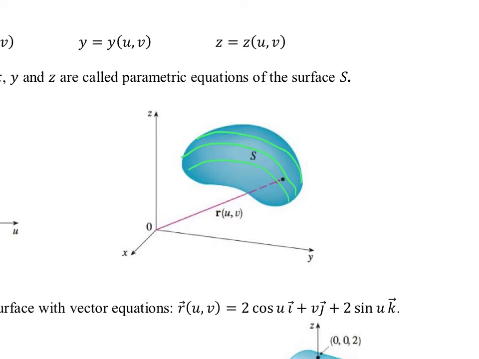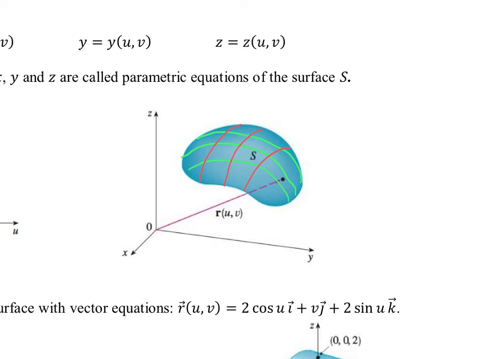If you did the other way around, so if you let u vary and v is 1, you might get a curve that looks like this. And if u varies and v is 2, you might get a curve that looks like that, and so on and so forth. And so you're making these different contour curves along the surface, and together they form an entire surface.